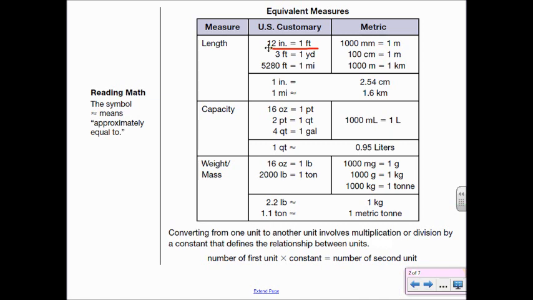So if I have 12 inches equals 1 foot, then the constant could either be 12 inches per 1 foot, or it could be 1 foot per 12 inches. And every single one, you can have the left unit on top of the right, or the right unit on top of the left. And it depends on which unit you're going from and going to which fraction you're going to use.